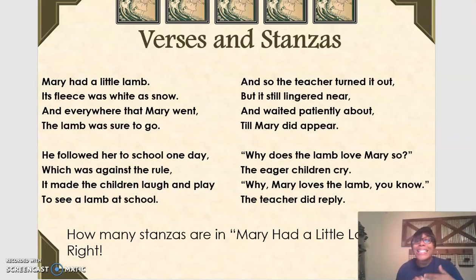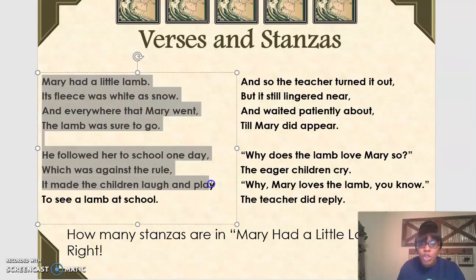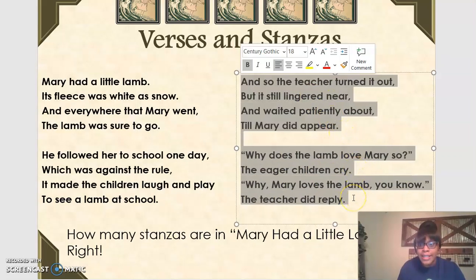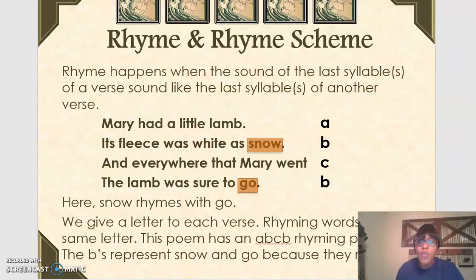Now, how many stanzas are in Mary Had a Little Lamb? How many? Right, 4. We have 1, 2, 3, 4 stanzas. And we also have rhymes. So rhymes are those rhyming words at the end of your lines. For instance, you have snow and go.